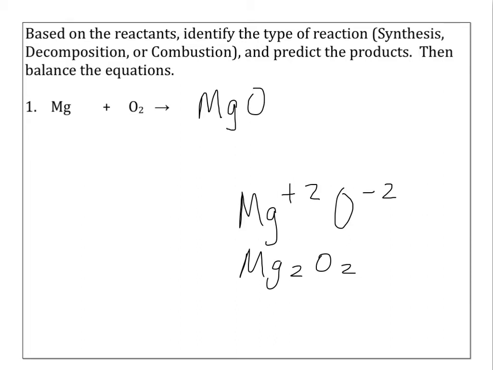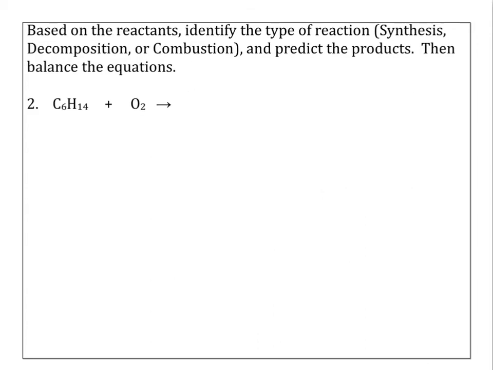And then we just need to balance the chemical equation. 2 oxygens, 2 magnesiums, and 2 magnesiums. This one's balanced. In this next example, here we see oxygen again, and this time we have the hydrocarbon. So this is going to be a combustion reaction.